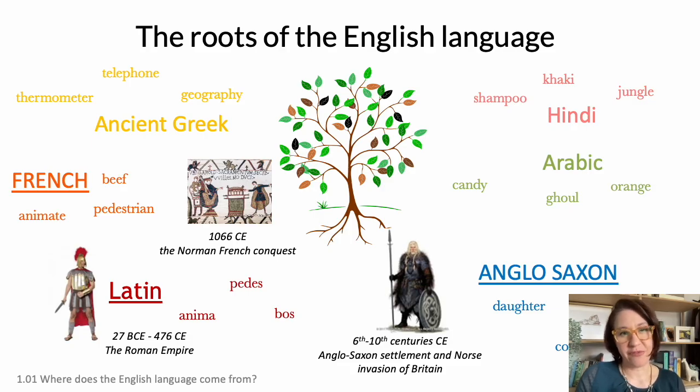And one of my favourite little language things is bos. Bos is like a head of cattle, not a cow. Cow is female. Bos is just any kind of thing that goes moo in Latin, which in French turns to bœuf, which then in English turns to beef. Now, interestingly, we only use the word beef now in English to describe the cow when it is roasted or cooked in some way and served to you.